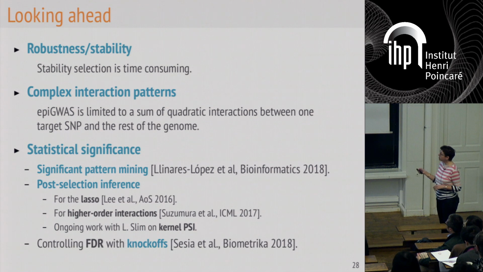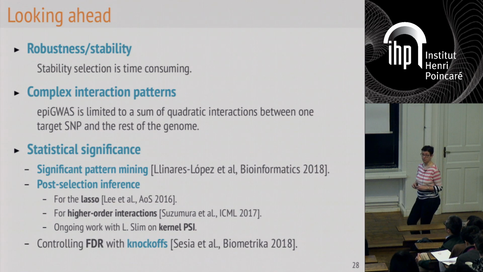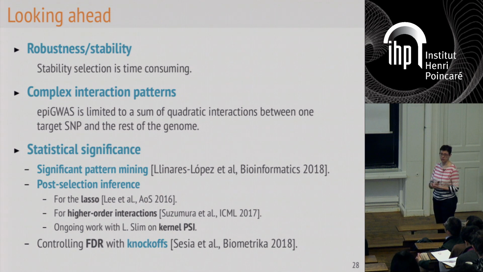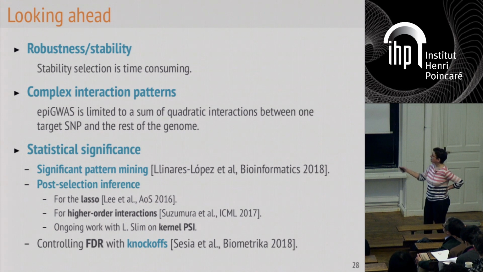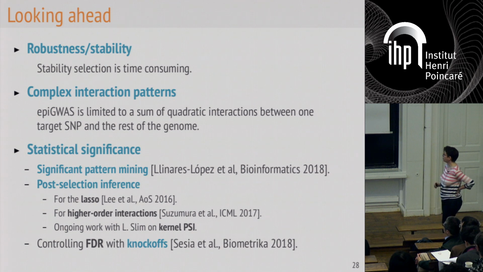There's, however, a number of approaches that are emerging that are starting to allow to answer these questions on similar problems, different models. In particular, post-selection inference. We're working at the moment on doing post-selection inference using kernels to model complex interaction patterns. And another approach is to control FDR with knockoffs, which is something I mentioned before.